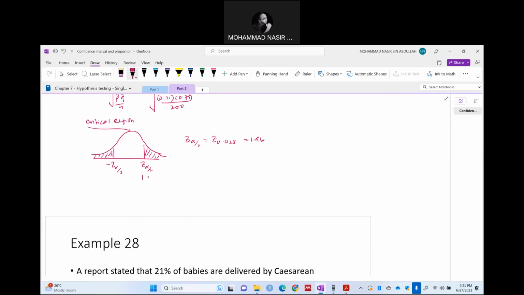So this value is 1.96 and this value is negative 1.96.